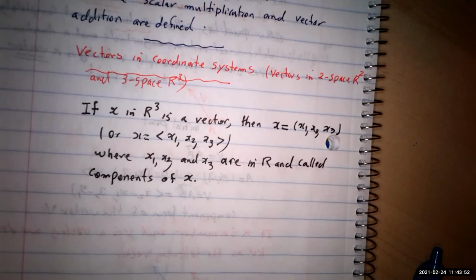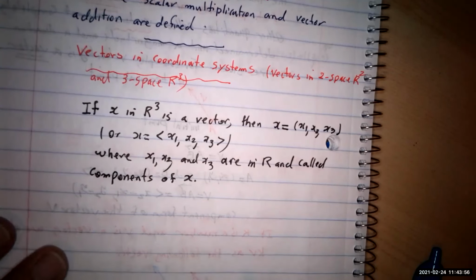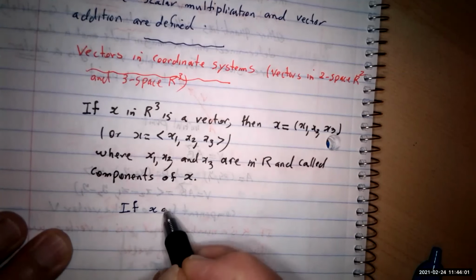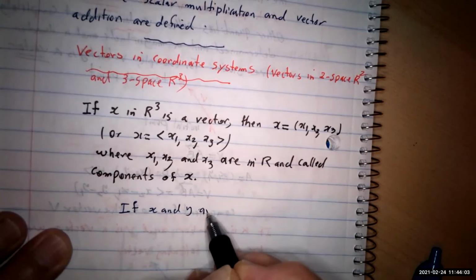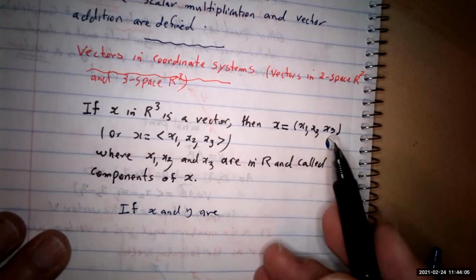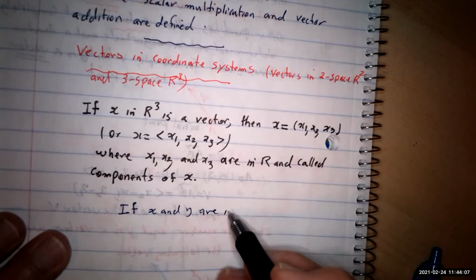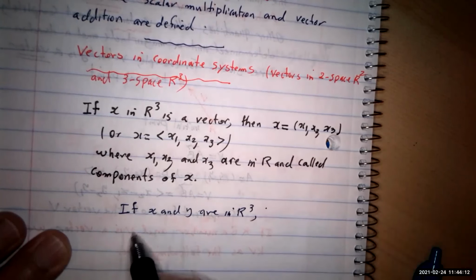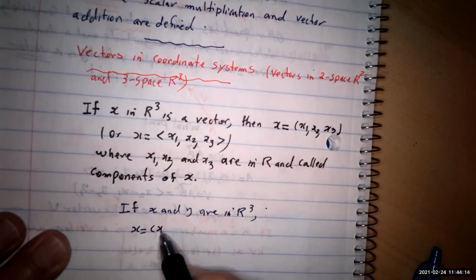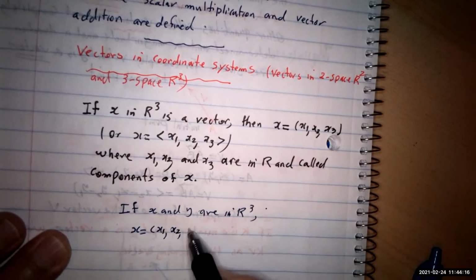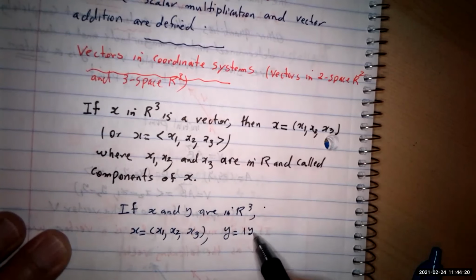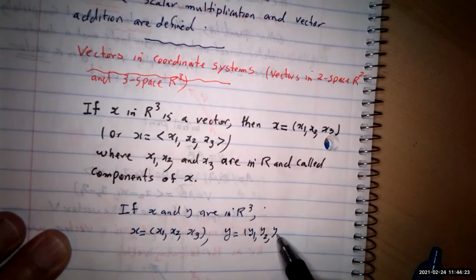So we pick two vectors in R3 and we introduce the sum and the scalar multiplication. If x and y are vectors, I'm just calling the points in R3 vectors, then x equals (x1, x2, x3) and y equals (y1, y2, y3).